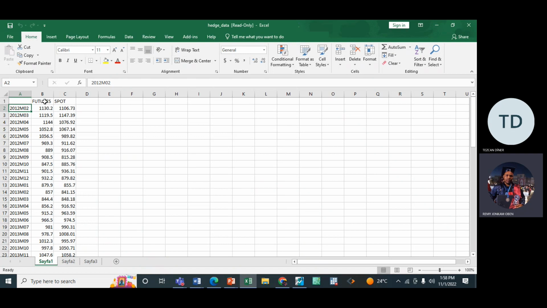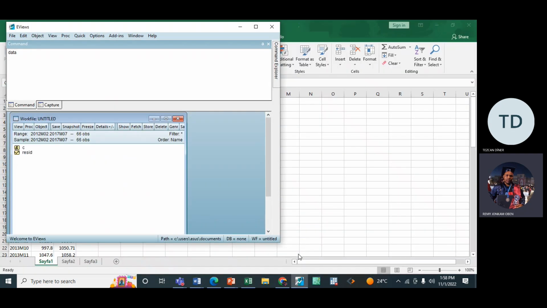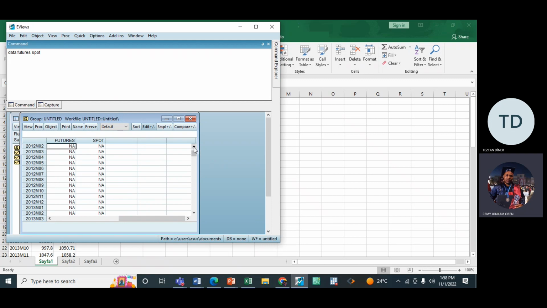It's always good to write your variables the way they are on Excel, so that when you copy and paste, you don't face difficulties. So the first variable is futures, which is the futures price, and we have spot, which is the spot price. Press enter, and I have my workfile.